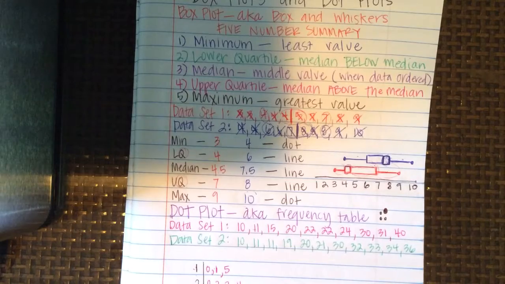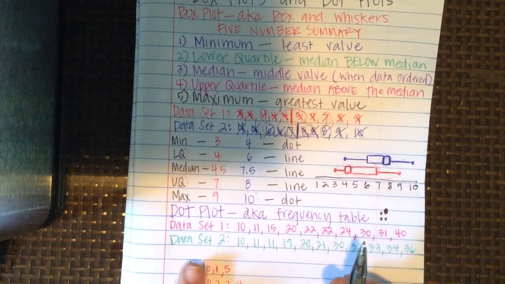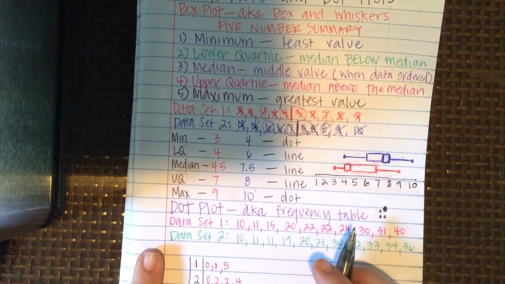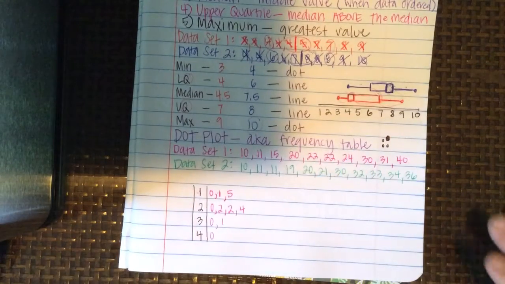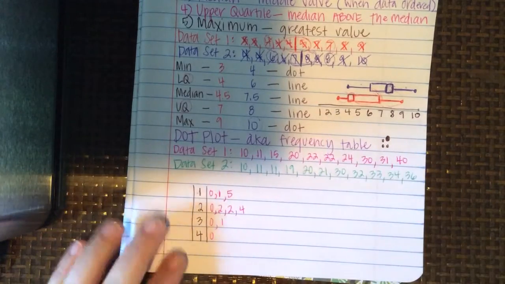So I can make this a back-to-back stem and leaf by putting my data set number 2 on the left side.